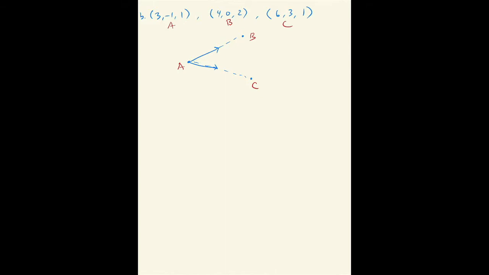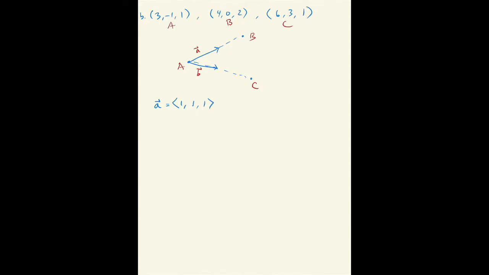So let me write the first vector. I will write vector a, from AB, with little a here and B here. So this will be B minus A. So 4 minus 3 is 1, 0 minus 1 should be 1, and 2 minus 1 is also 1: 1, 1, 1.